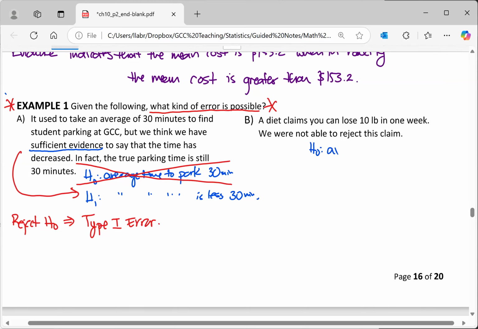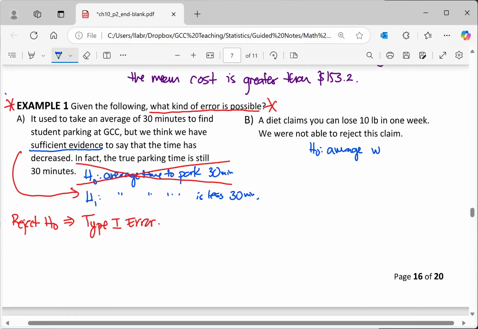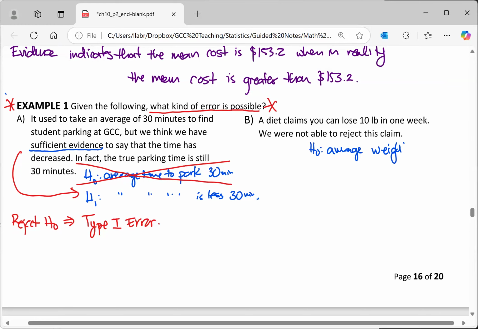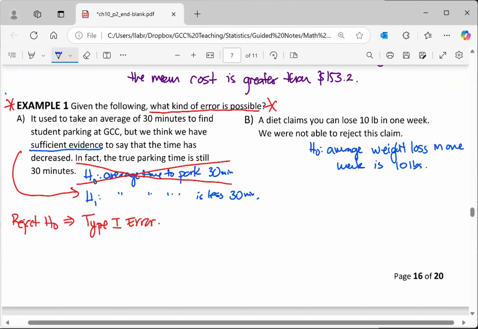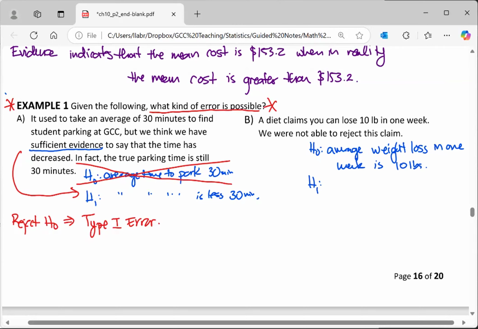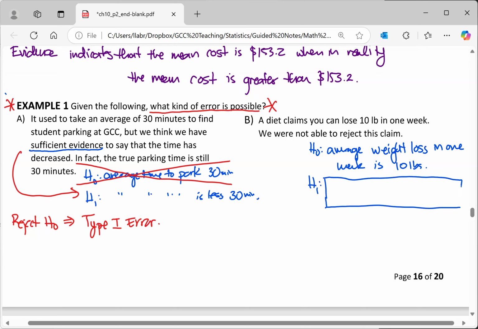So the average weight loss in 1 week is 10 pounds. The alternative is, I don't know, it doesn't tell me. So I'm just going to put a little box here. It could be not equal, less than, or more than.